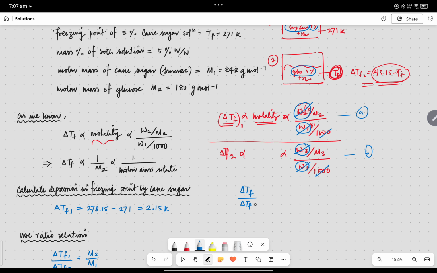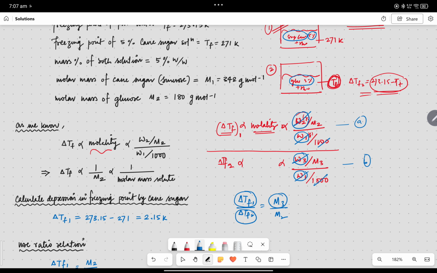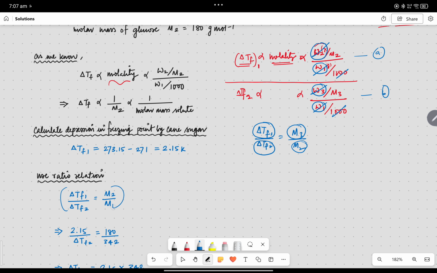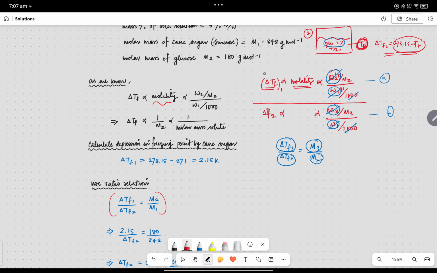You will get an equation where you can relate the depression with the molality, that is m3 by m2, right? So this is the depression in the case of glucose, and this is the molar mass of glucose. This is the depression in the case of sugar cane, and this is the molar mass of sugar cane. This is the particular equation I have used here, and now you can see the derivation, which will make it easier to understand.